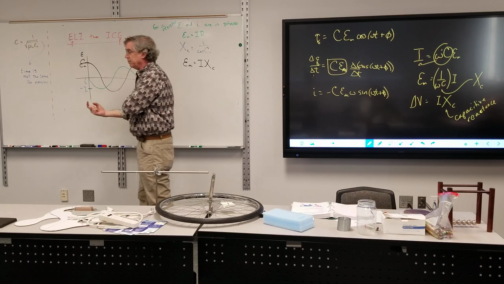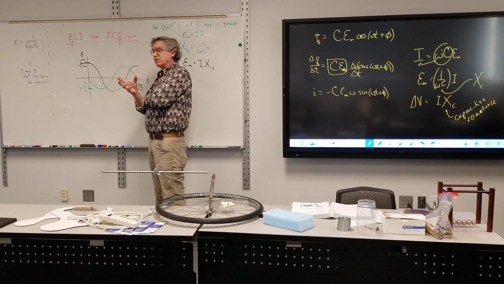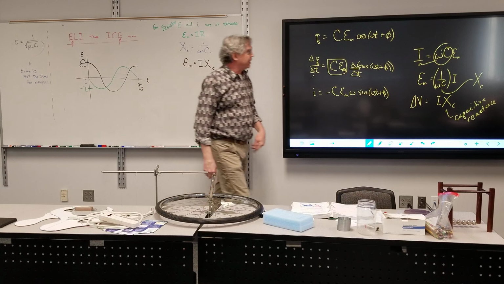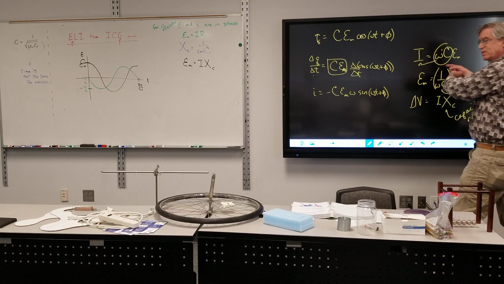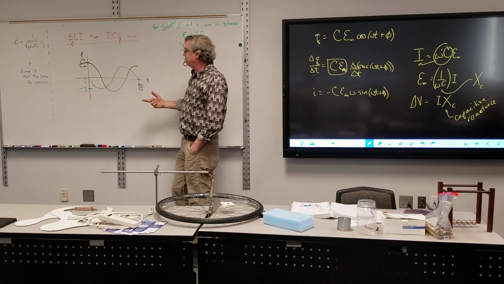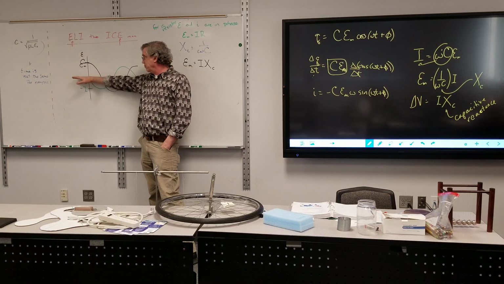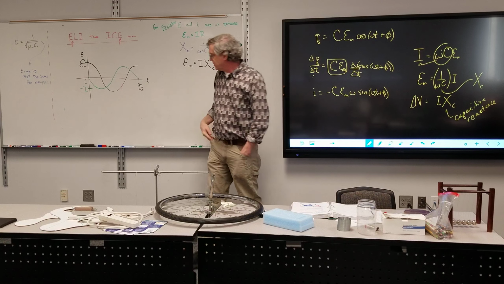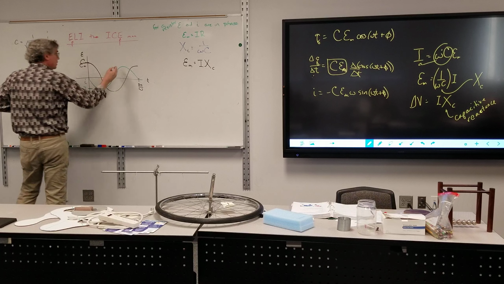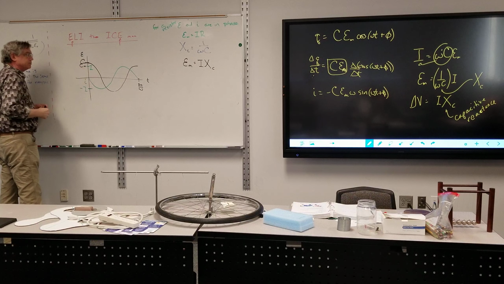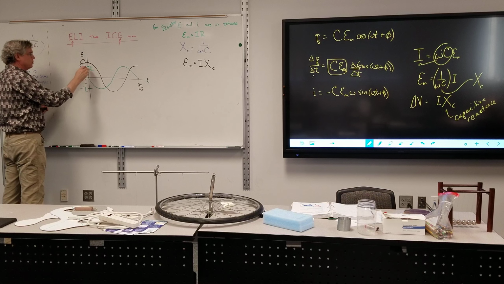Capital I is the magnitude, the amplitude, and I is a positive number. It's 1 over omega C, where omega and C are positive numbers. So since I is positive and I'm below the axis, that's why I made it negative.